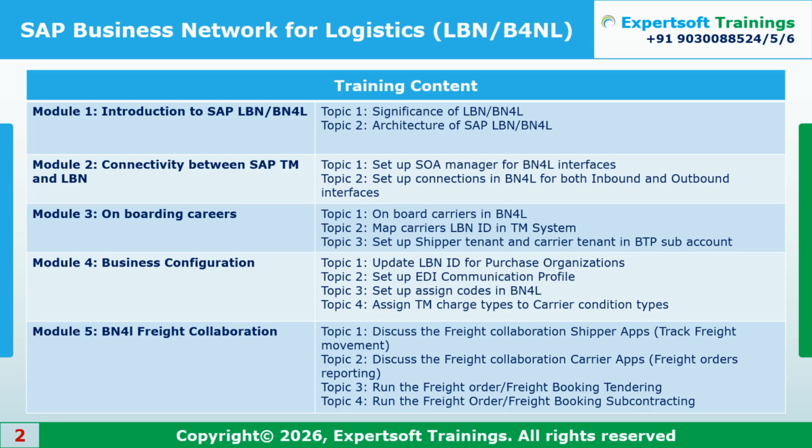Yes, as part of implementation there are many issues that will come up. Data will not go to BN4L first of all, and from the carrier side, data also will not come to the TM side. Those are the main challenges. Apart from this, carriers will not be interested easily. There are user onboarding issues, whitelisting, and integration connections will not happen.